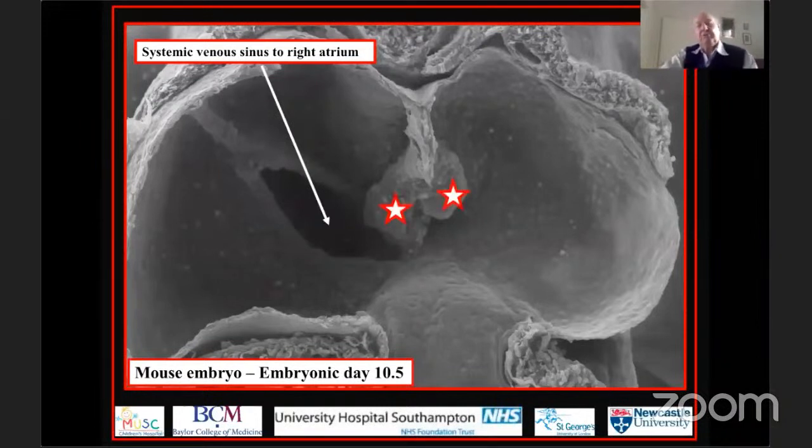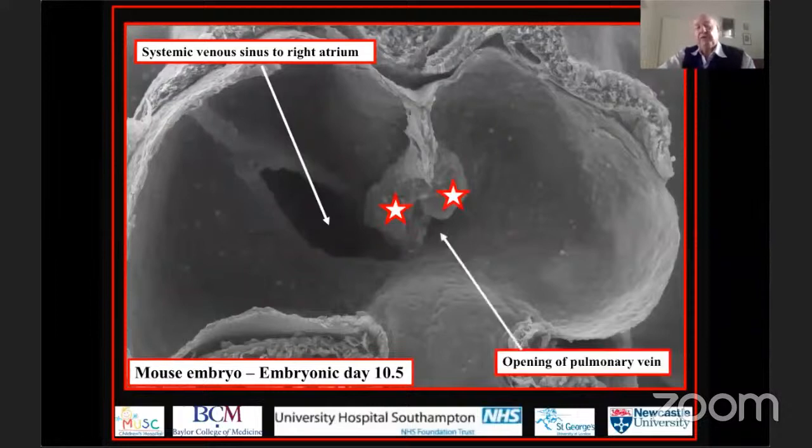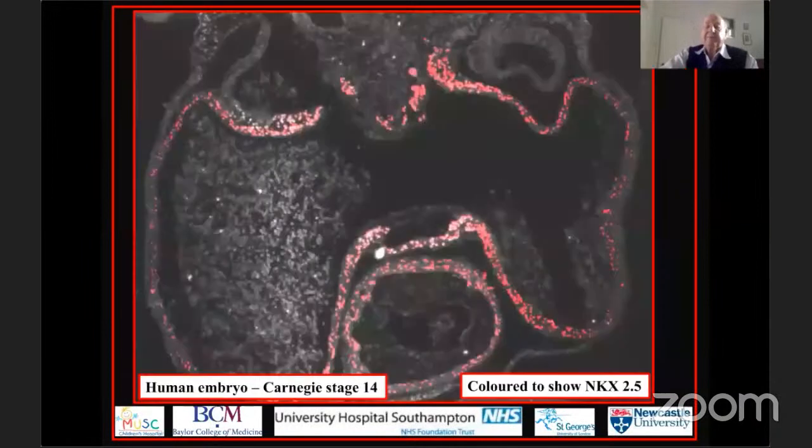You see these two bulges, and they are marking the reflections of that dorsal mesocardium. And between them, that connection that existed to the pharyngeal mesenchyme is showing you where the pulmonary vein will open into the developing heart.